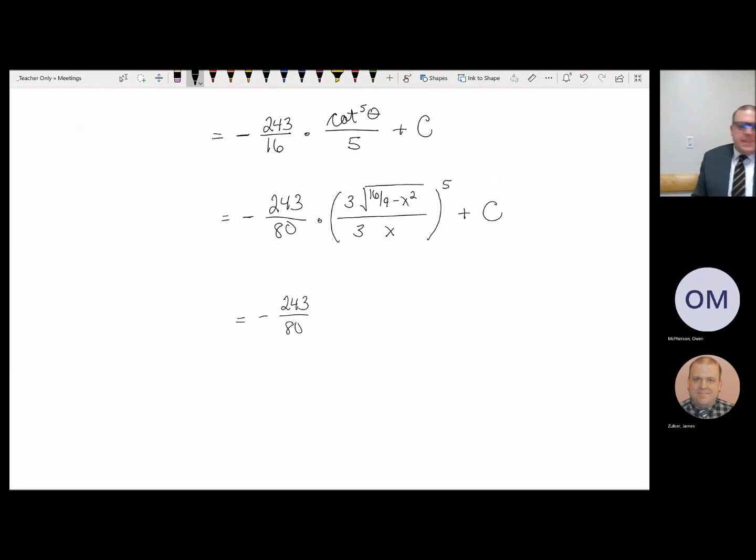Leave that alone. We're going to pull this 3 inside the square root. That's done by squaring it first. That'll be the square root of 16 minus 9x squared, all raised to the 5th power. So that is 16 minus 9x squared raised to the 5/2.